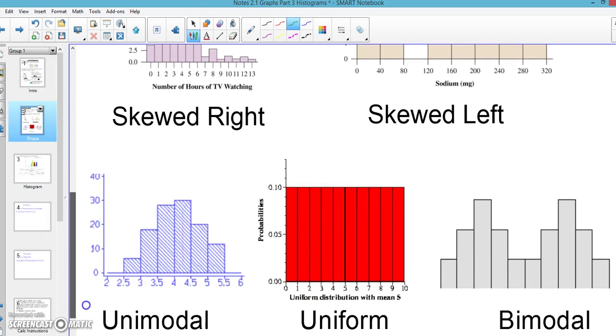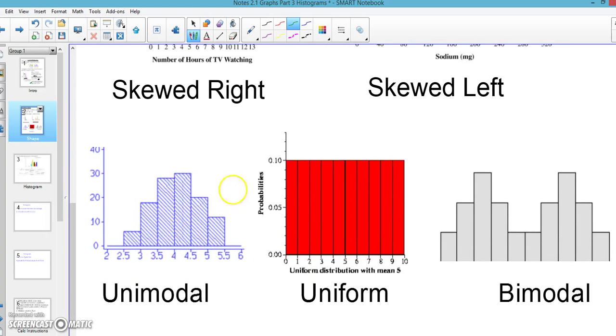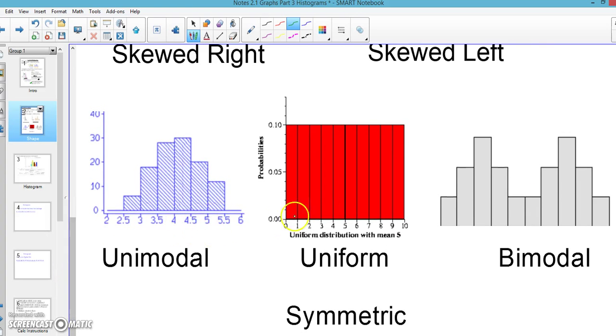So previously we'd worked mainly with things that were symmetric or were not symmetric. Within the symmetric range, there's actually, and I'm going to scroll back up in just a minute, 3 different categories of symmetric histograms. So you have unimodal symmetric curves, which means it has one peak, and that peak is in the middle.